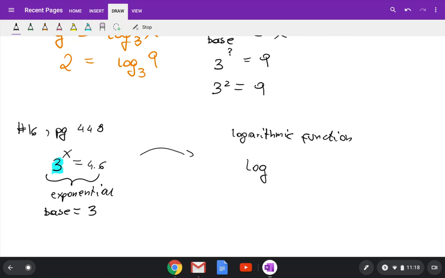Exactly the same as the base of the exponent, so we're going to have 3. Now, what's going to be next to the base? The exponential function has 3. Since the logarithmic function is the inverse of the exponential function, those two will switch positions when you switch to the logarithmic function. So I'm going to have log base 3 of 4.6 equals 3.